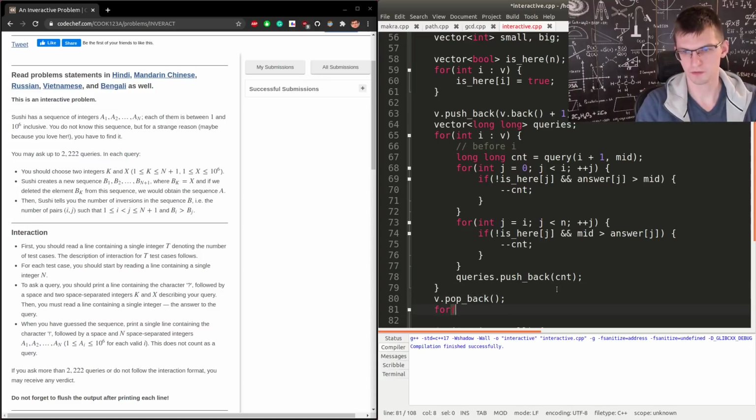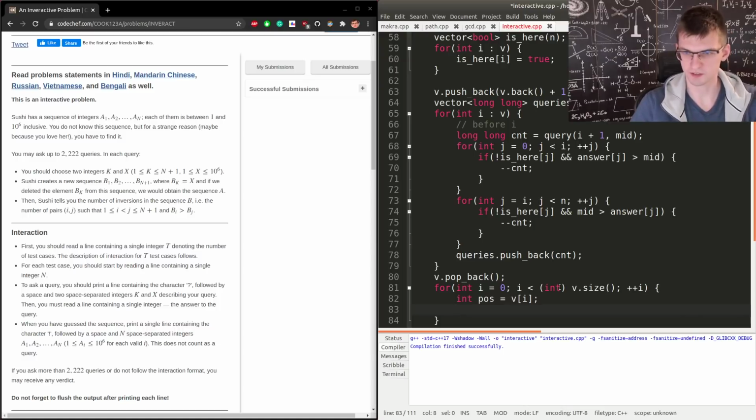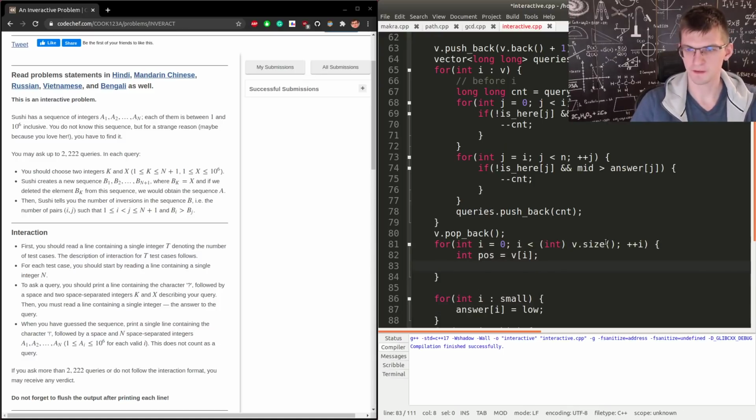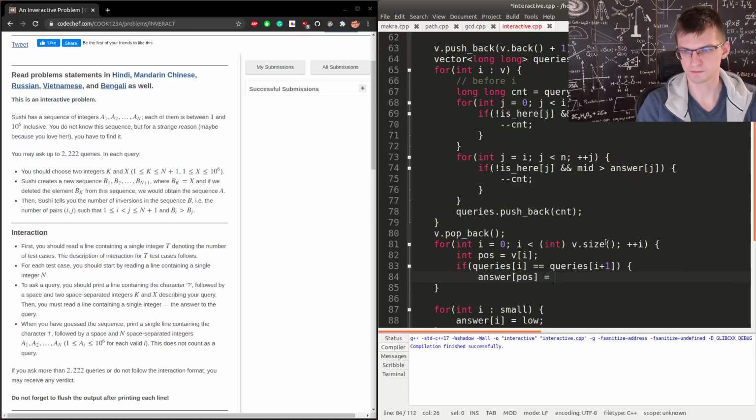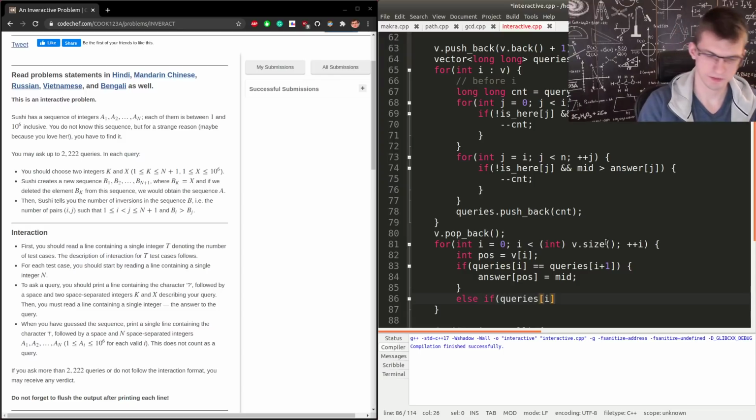Pop back, and now for every i to v size, let's not mess up i and position. i is just the index in the vector. If queries of i is equal to queries of i plus 1, let's think now.